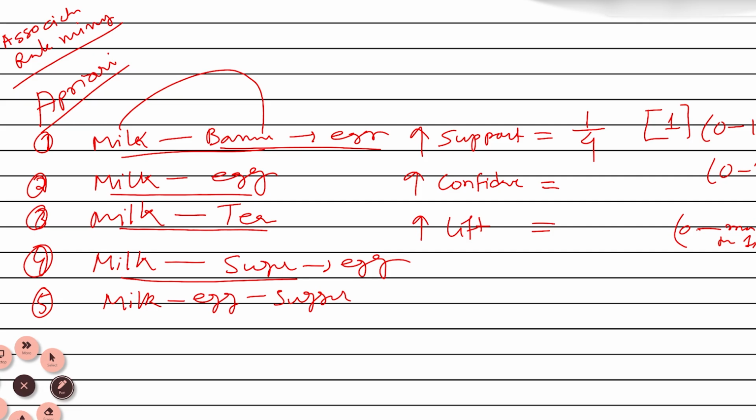So now what is the confidence formula? Let us say I am just writing an easy formula for this, so it will be very easy and general. Support is frequency of observation divided by total observation.